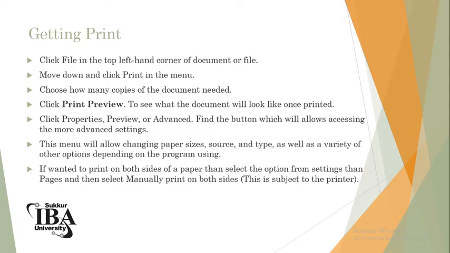And last, if you want to print on both sides of the paper, then select the option from settings, then pages, and then select manually print on both sides. This is subject to the printer. So these are the steps for how you have to go through getting a print.